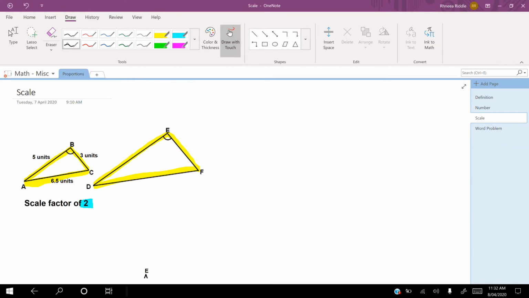So we're going to start by multiplying this 5 here by the 2. So we're going to get 5 times 2. When we multiply that out, we're going to get 10 units. So this DE length is going to be 10 units.